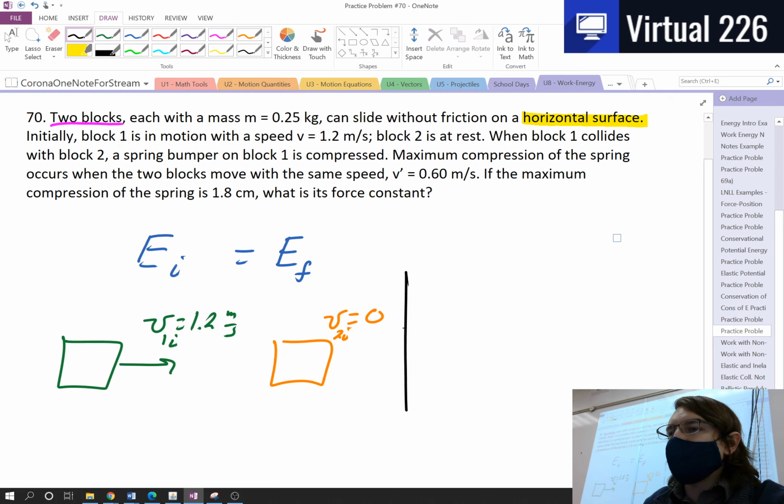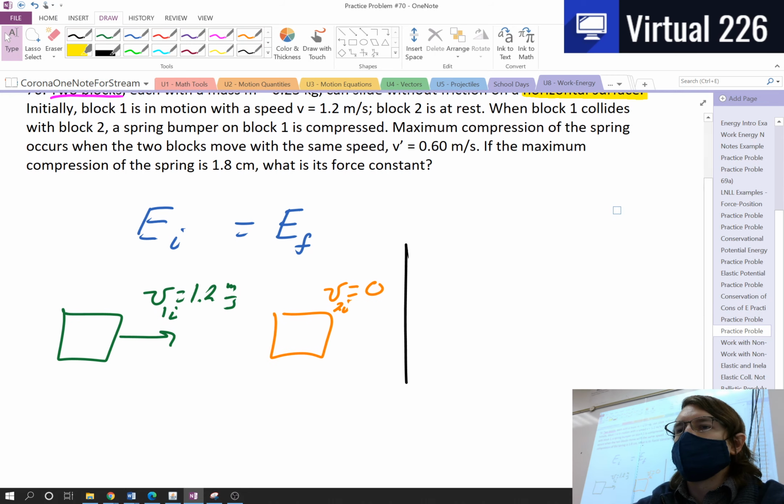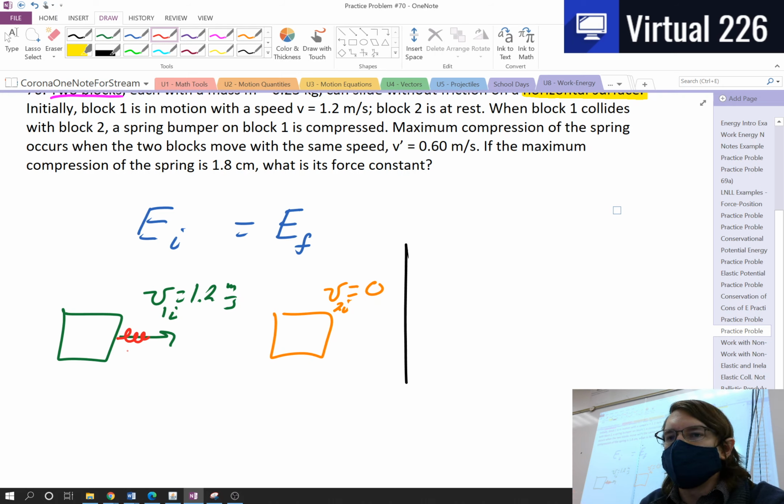When these blocks collide, when block 1 hits block 2, a spring bumper on block 1 is compressed. So there's a little spring right here on block 1 that is being compressed. When this spring is at its maximum compression, the two blocks are going to move at the same speed.